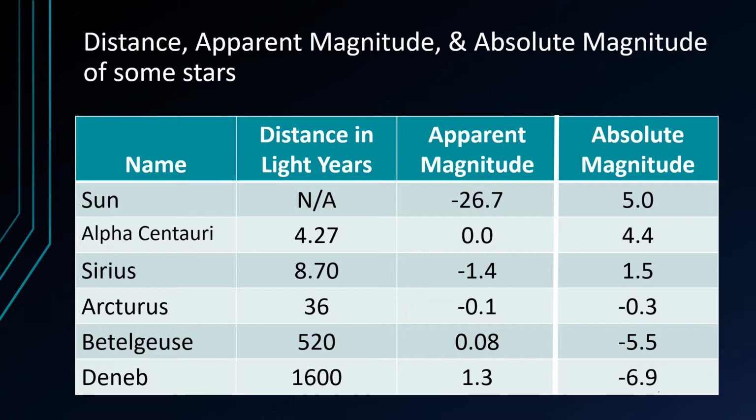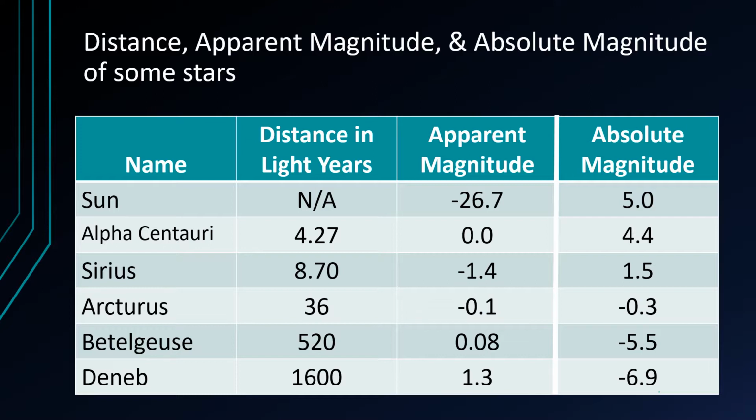Same thing with Sirius at 8.7 light years away. Its apparent magnitude is negative 1.4. Well, it's a 1.5 absolute, so it's actually brighter than our sun. Arcturus, negative 0.1. Its absolute magnitude is negative 0.3. And we can see this is Betelgeuse, 520 light years away, 0.08 apparent magnitude.